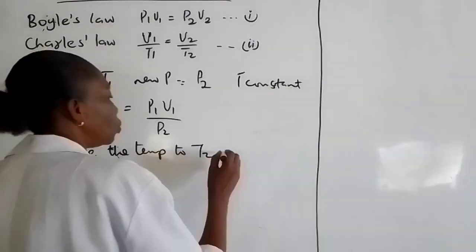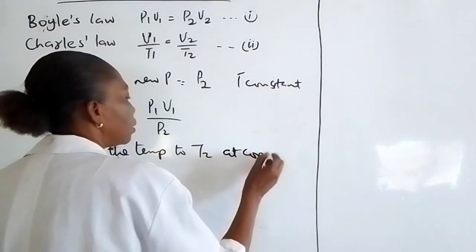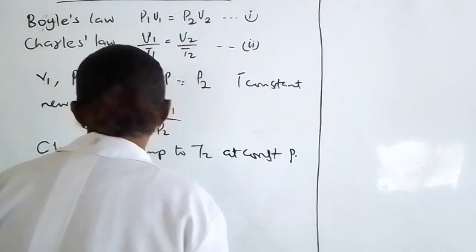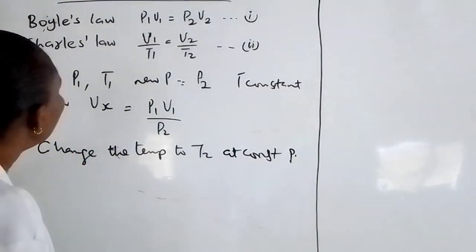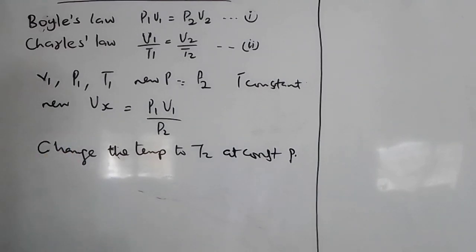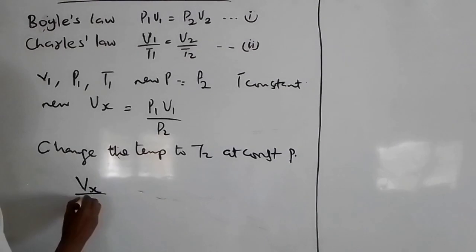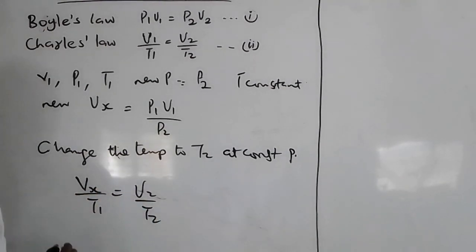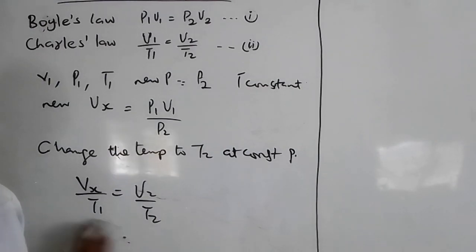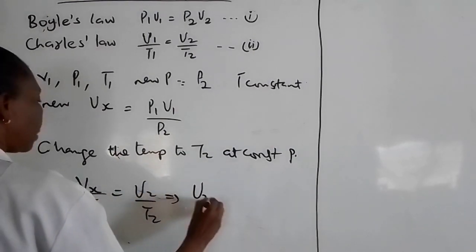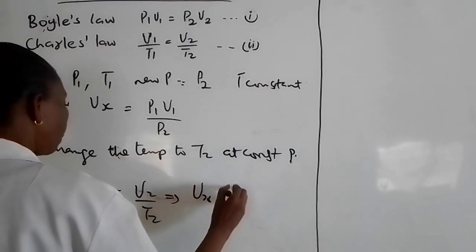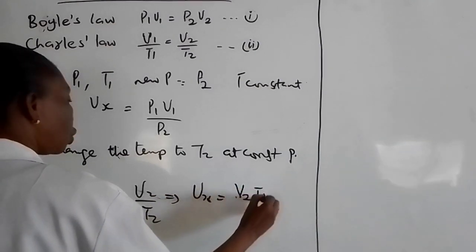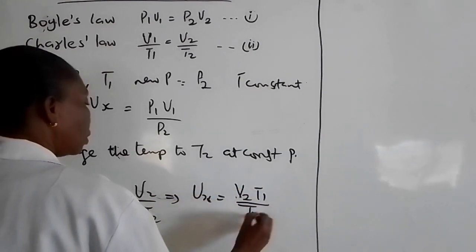Change the temperature to T2 at constant pressure. Now we have Vx, the new volume. Applying Charles's law, Vx over T1 equals V2 over T2, such that our Vx is equal to V2 T1 divided by T2.